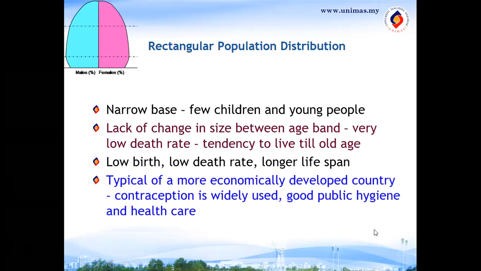And this is typically for the more economically developed countries, where among other things contraception is widely used, and that contributes to the low birth rate. And also they have good public hygiene systems and also healthcare, which contribute to the low death rate tadi. Jadi itu menyumbang kepada how it contributes to this rectangular shape tadi.